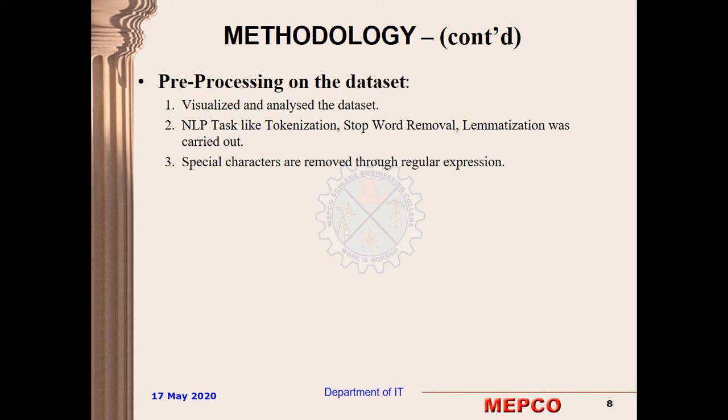We analyzed the dataset, made visualizations, and did NLP tasks like tokenization, stop word removal, and lemmatization. All these reports contain many special characters replacing names and dates, so we removed that noise from the data.